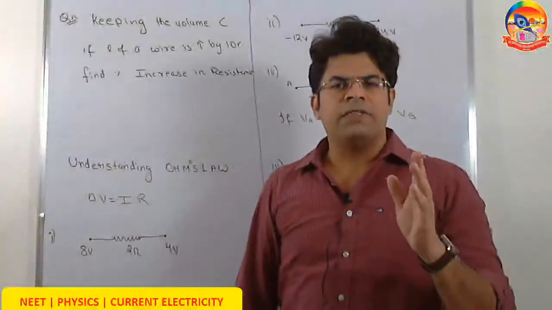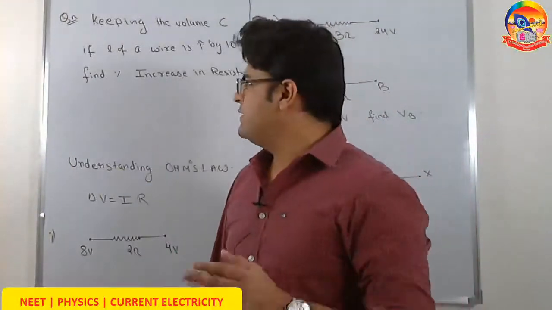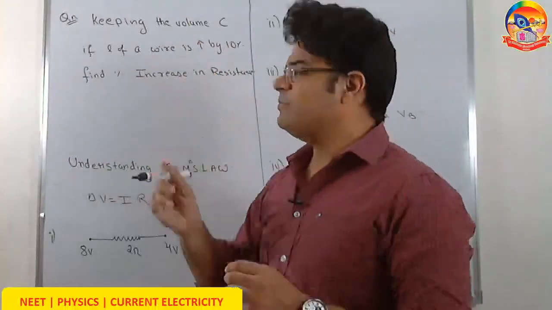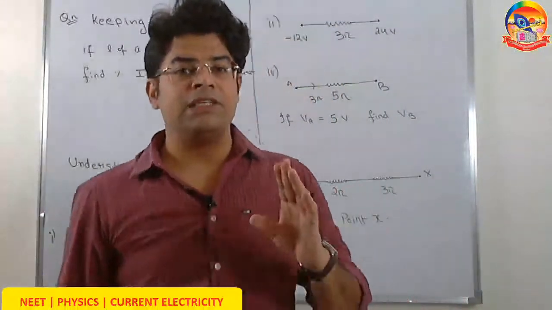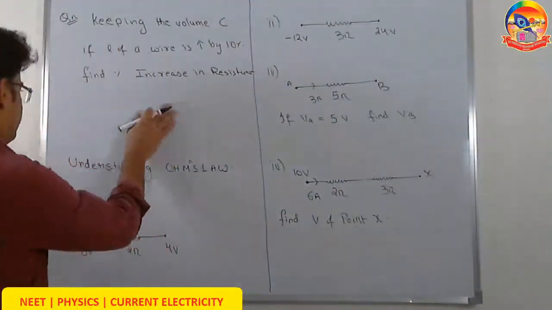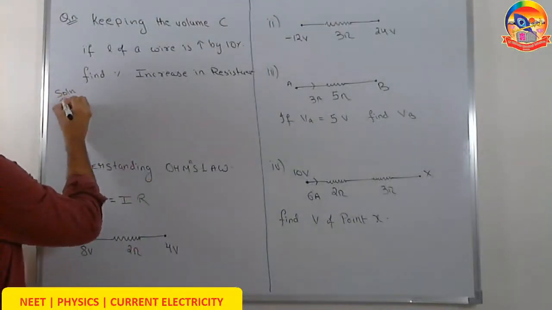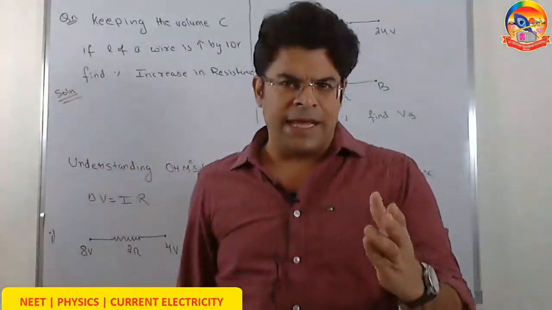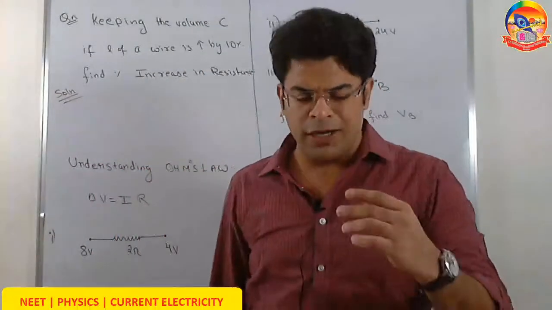So what if the percentage change in length is more? Let's see this question. Keeping the volume constant, if the length of the wire is increased by 10%, find the percentage increase in its resistance. Solution: we say that if the length of the wire becomes n times, then the resistance becomes n square times.